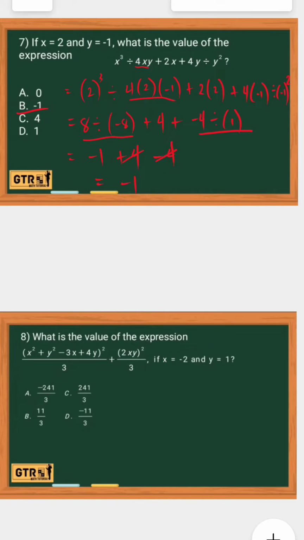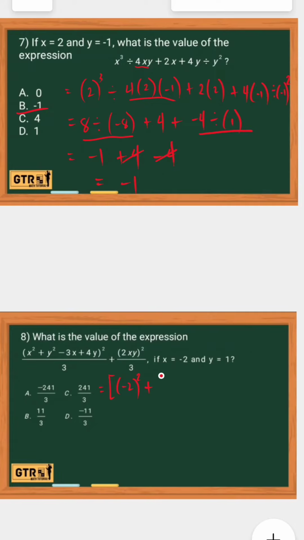Okay? Another example, number 8, what is the value of the expression? X squared plus y squared minus 3x plus 4y squared divided by 3 plus 2xy squared divided by 3 if x is negative 2 and y is equal to 1. So again, direct substitution lang to. So substitute negative 2 for x. So we have negative 2 squared plus y squared.